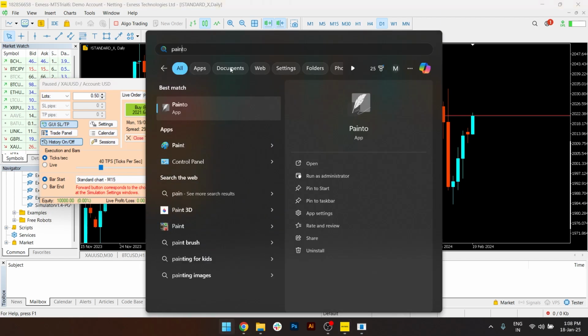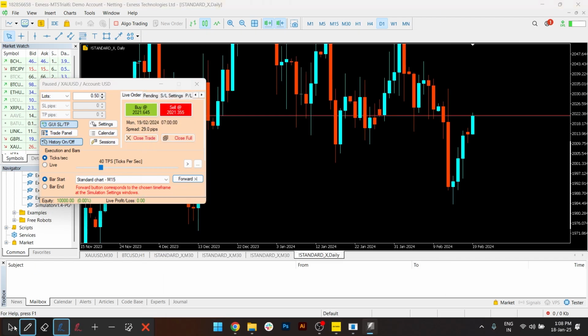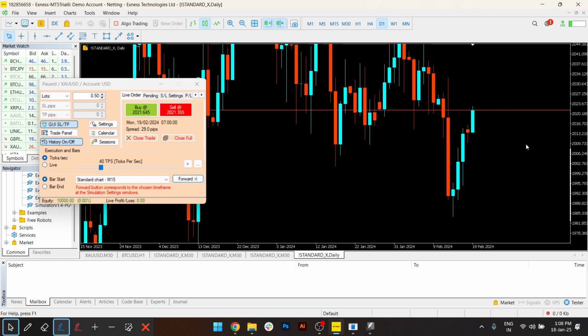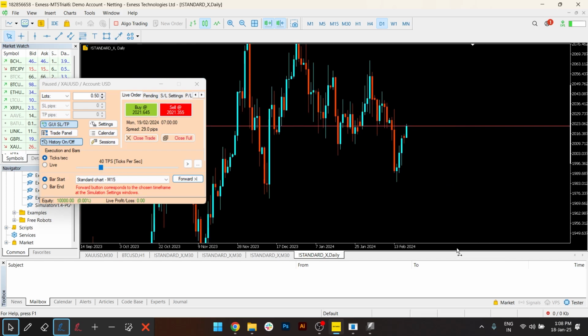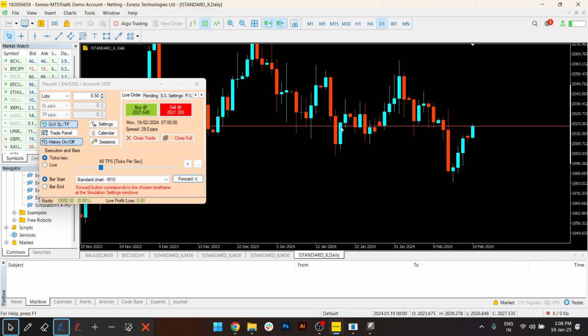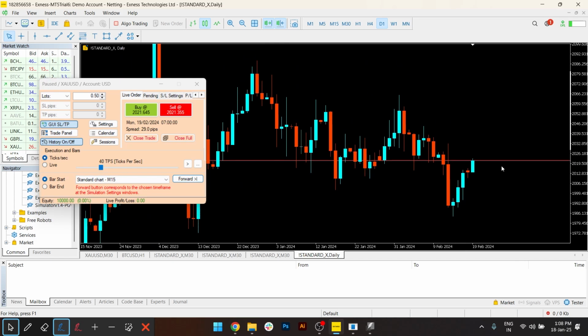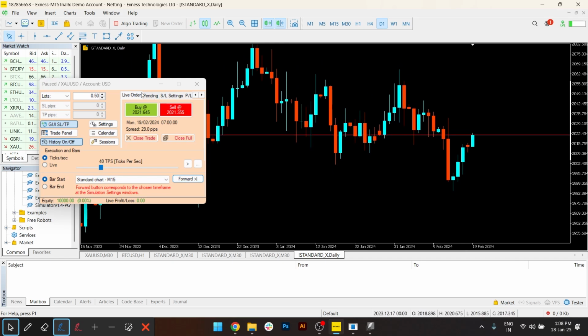One more tool that I like is Bento. Okay, so daily, as we can see, we are in an uptrend on the daily time frame. For those who are new to this channel, this is all simulated price action. This is not real.